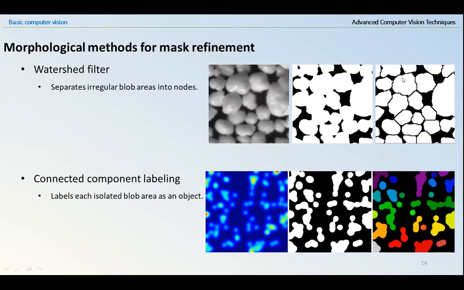It's pretty useful, I would say. But at that point, the computer is still seeing only ones and zeros. It cannot distinguish among one blob, one cell, or the other one. So it cannot count them yet. That's why the connected component labeling method is used.